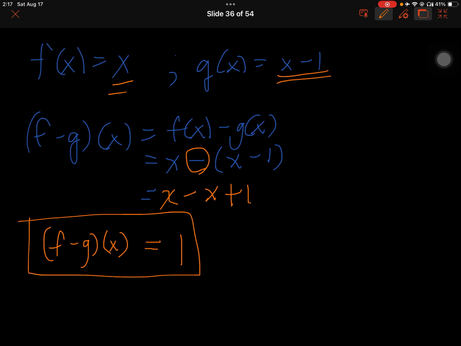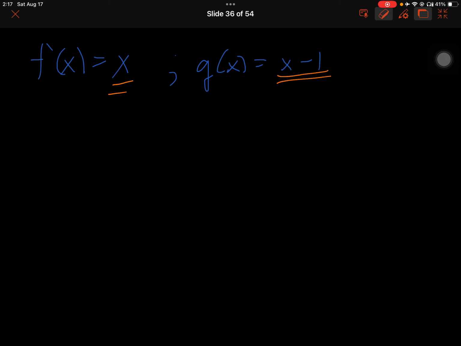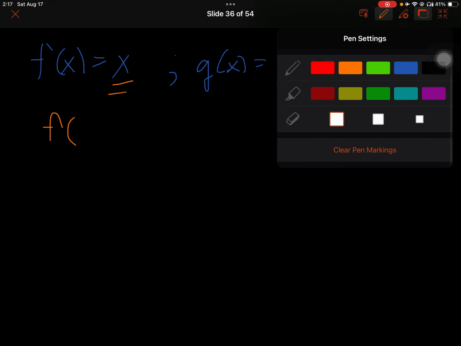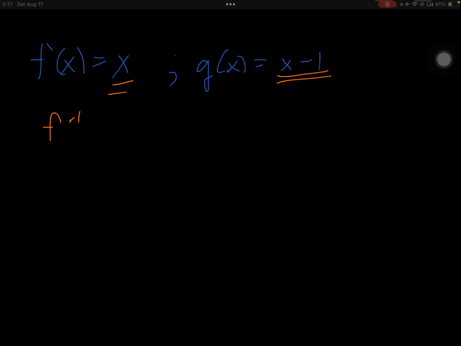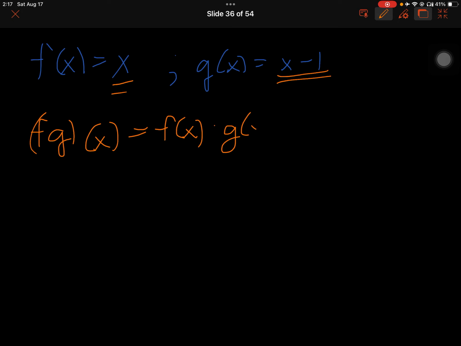Next, let's get the multiplication of the functions f of x and g of x. So for the multiplication, this will be f times g of x. So fg of x is equal to, again, let's separate them, f of x times g of x.